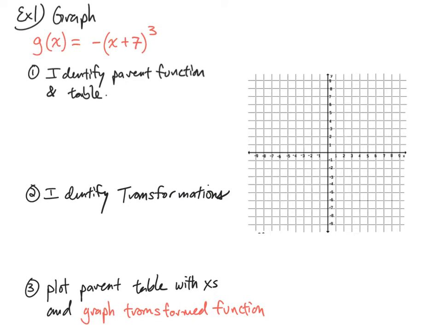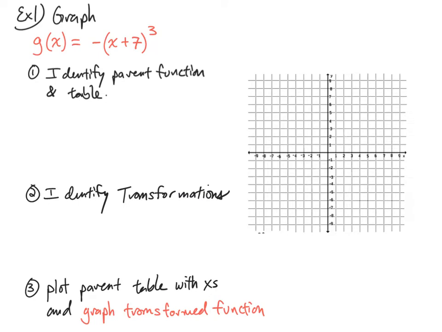All right, next example. We have negative x plus 7 cubed. And so the first thing we have to do is identify what is the parent function. What is the defining feature of the right side of this function that would help us graph this function?